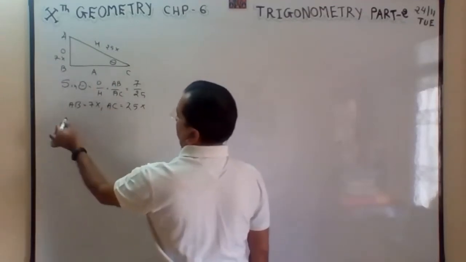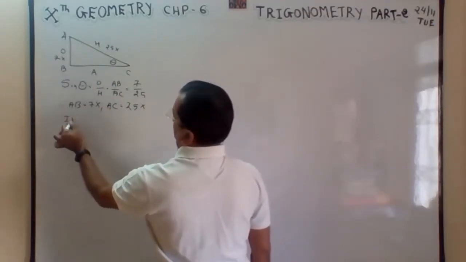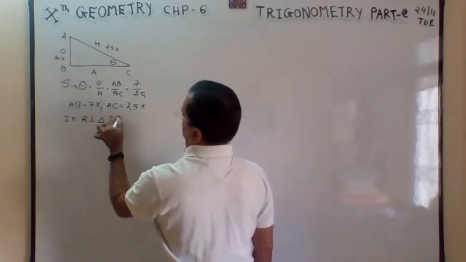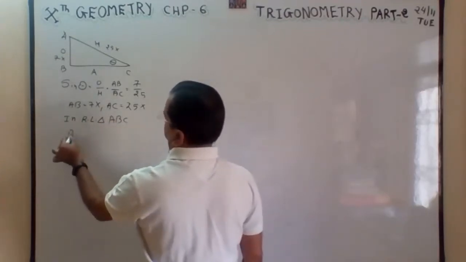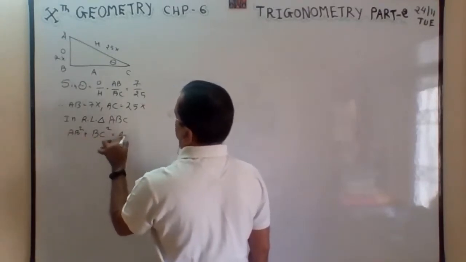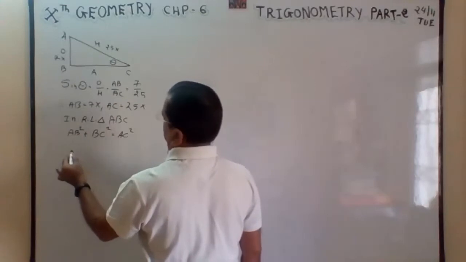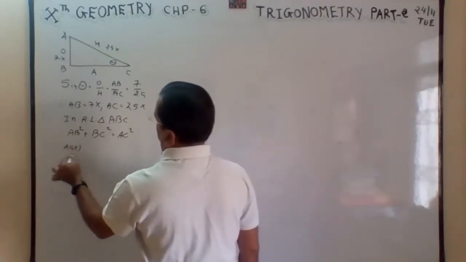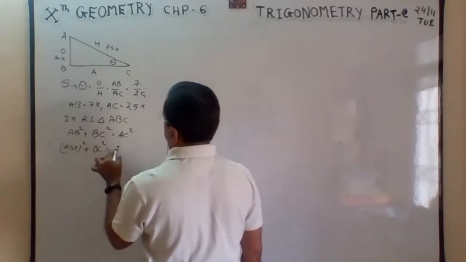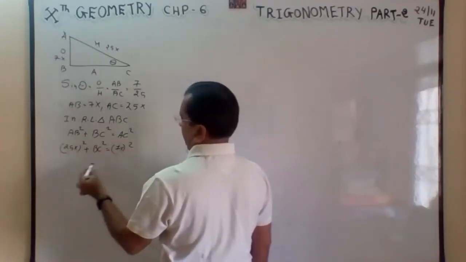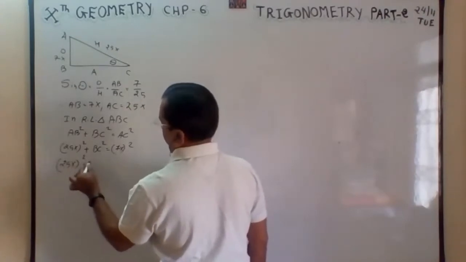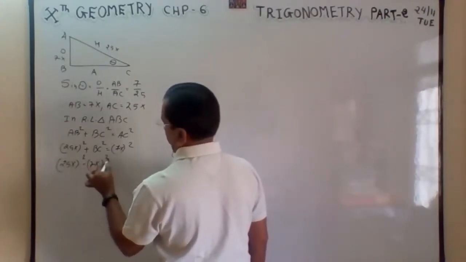First, we have to find BC. So in right angle triangle ABC, AB square plus BC square is equal to AC square. So BC square is 25x square minus 7x square.